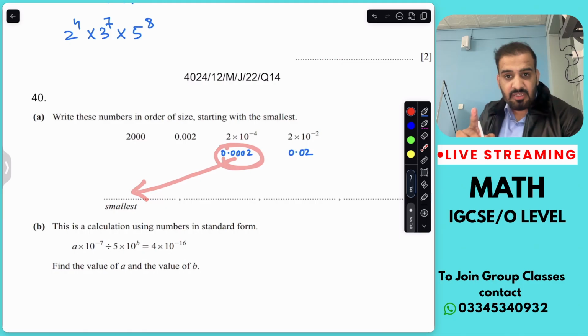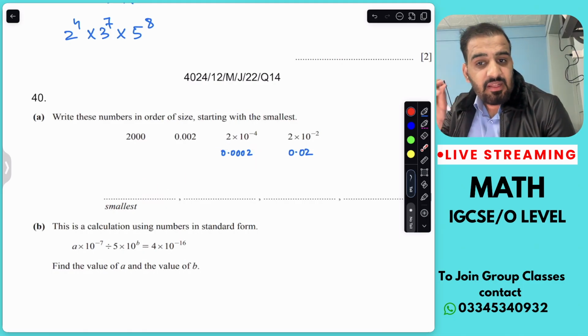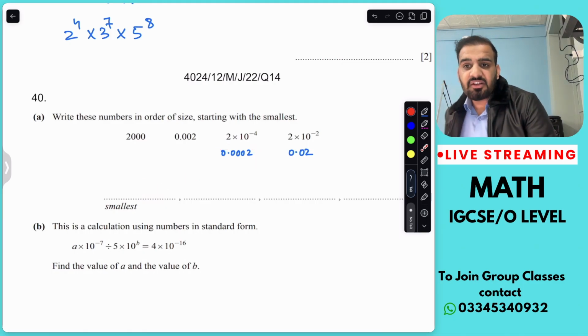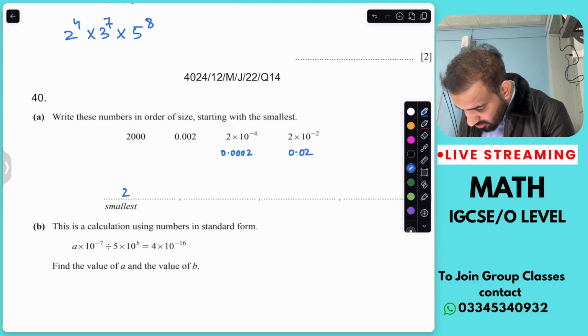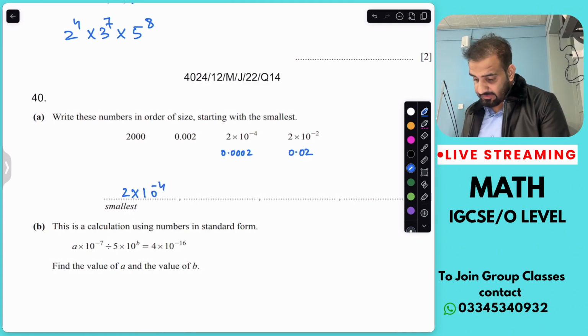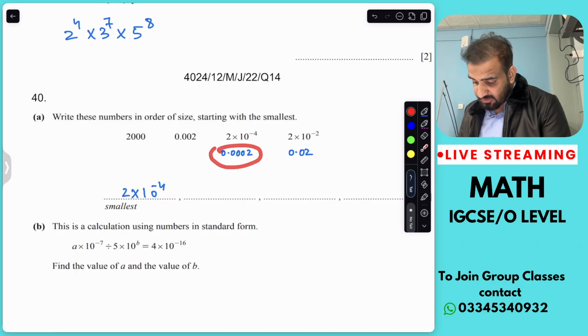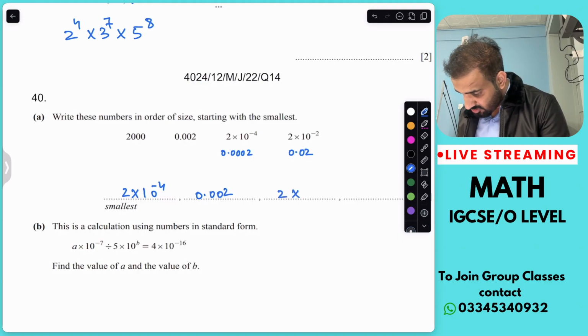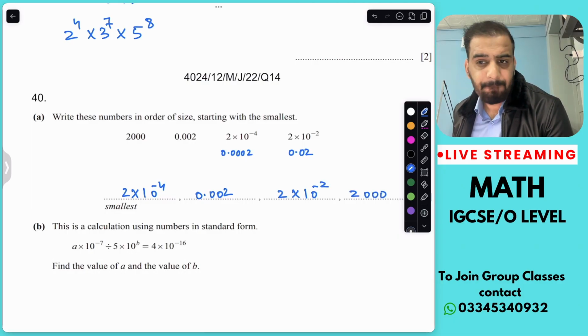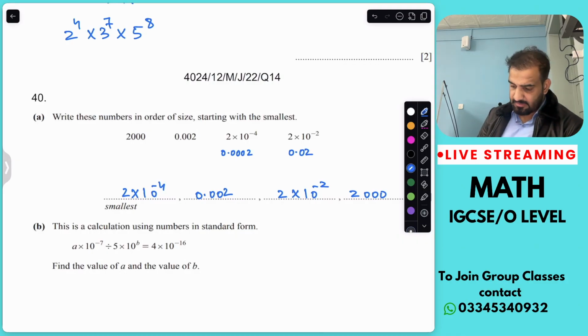You write the original number. The original numbers which are given to you are what you have to write. The conversion you do is just for yourself. So it is 2 times 10 raised to power -4, and then which number is bigger than this? This one. So 0.002, and then 0.2 times 10 raised to power -2, and then 2000. That's it.